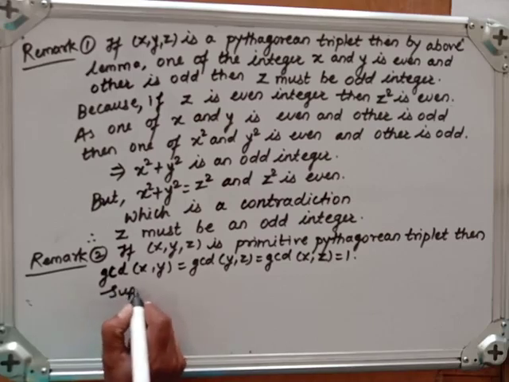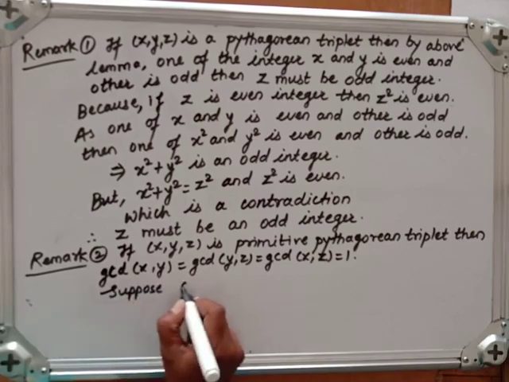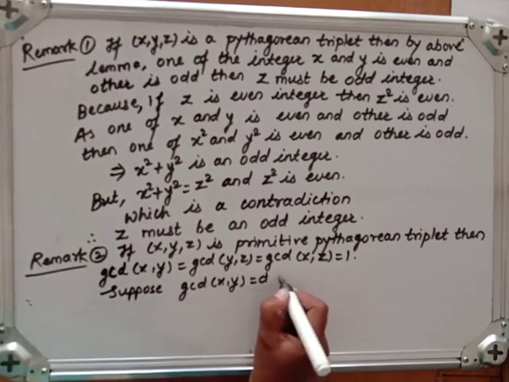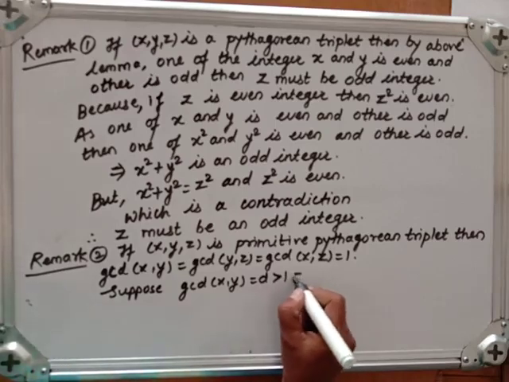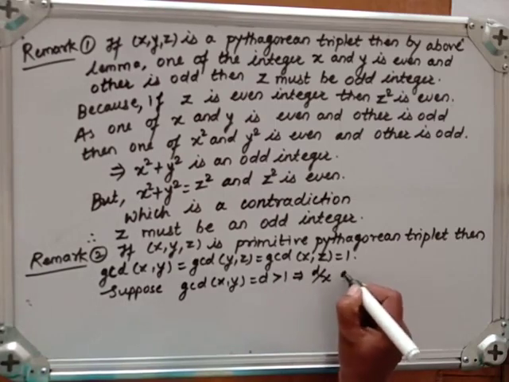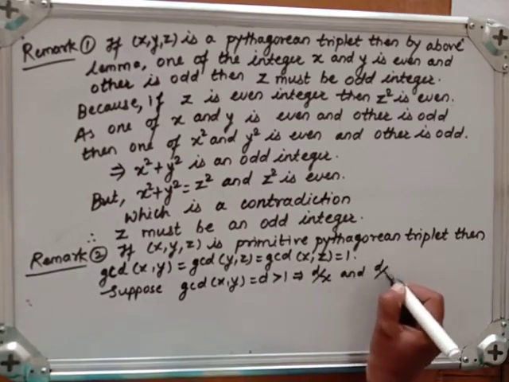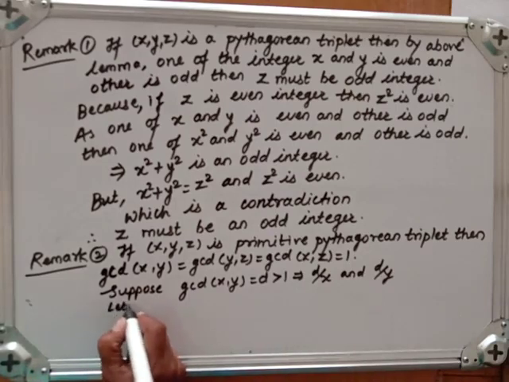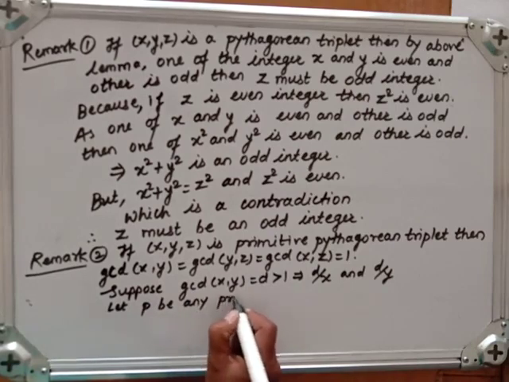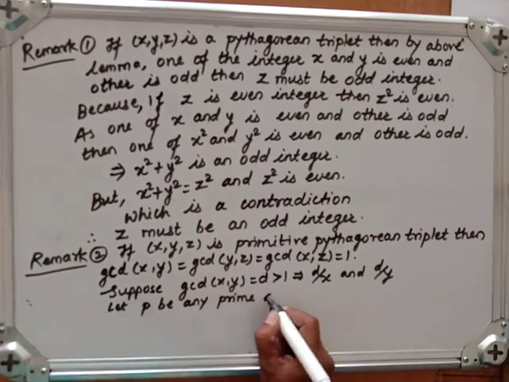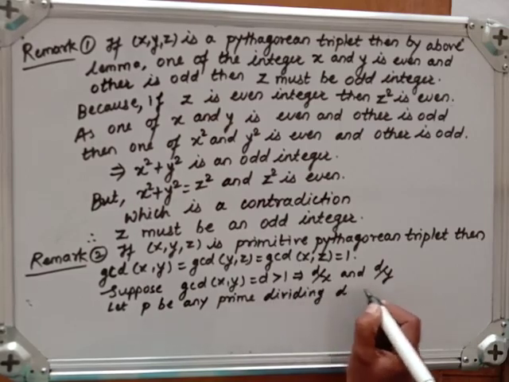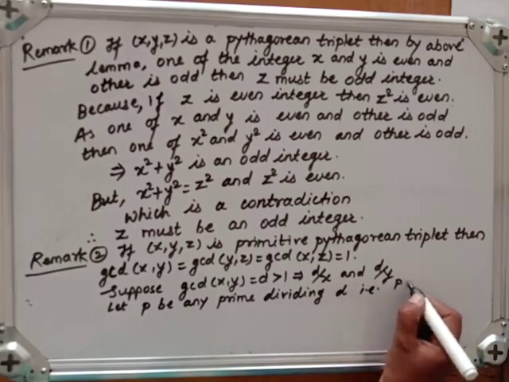Suppose GCD of x, y is equal to d, which is greater than 1. So this gives d divides x and d divides y. Let p be any prime dividing d, that is, p divides d.